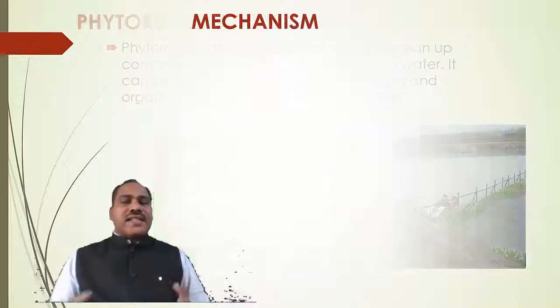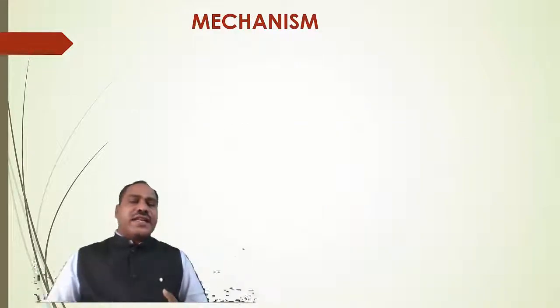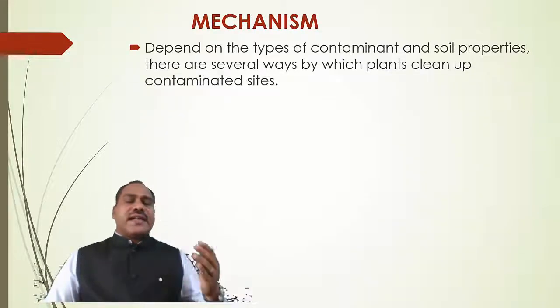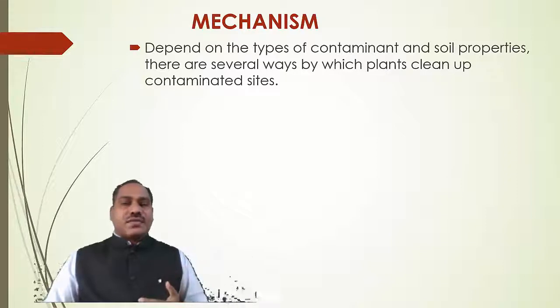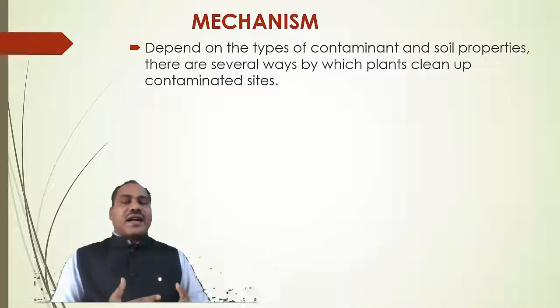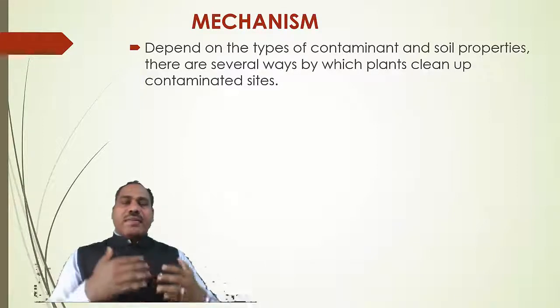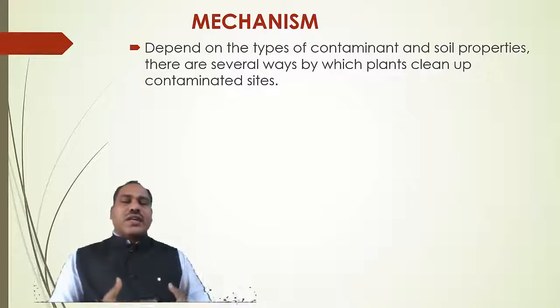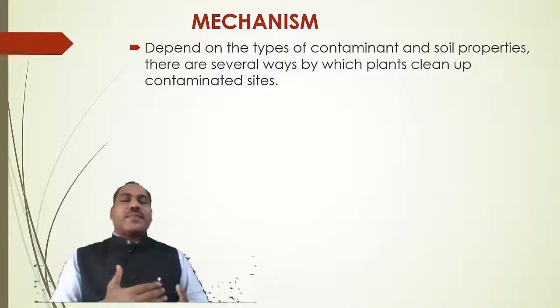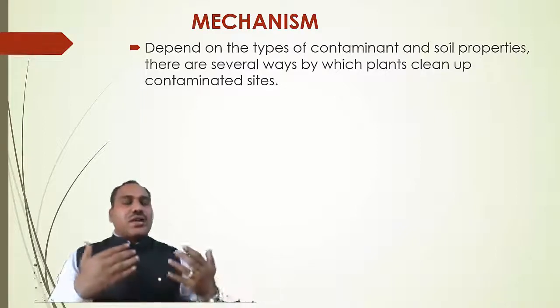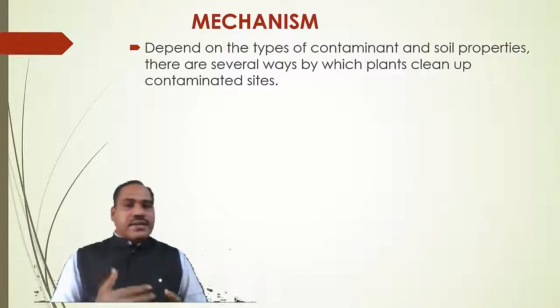The basic mechanism of phytoremediation is that it is a plant-based process. Several plants have the ability to absorb the pollutants, transform them into different forms, and also accumulate the pollutants to some extent, to decrease the pollutant load from the soil and waters.